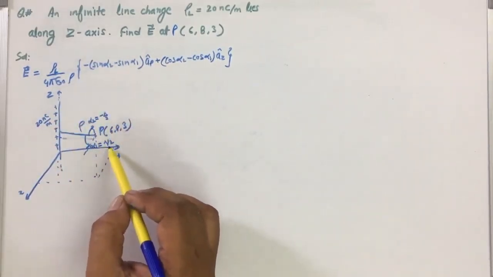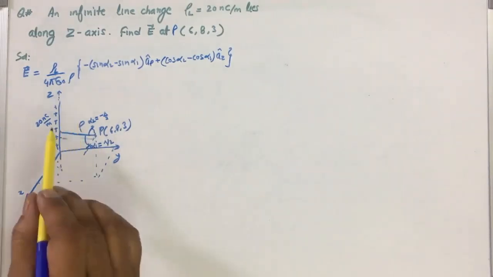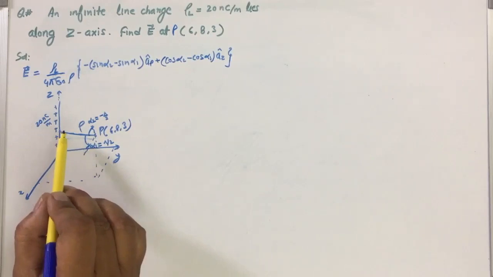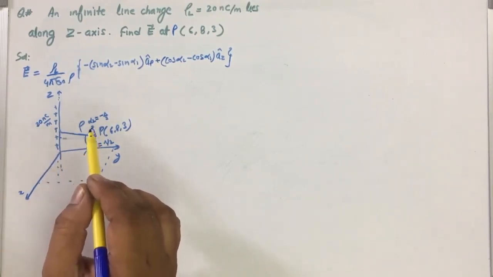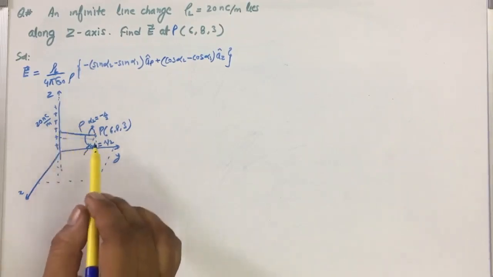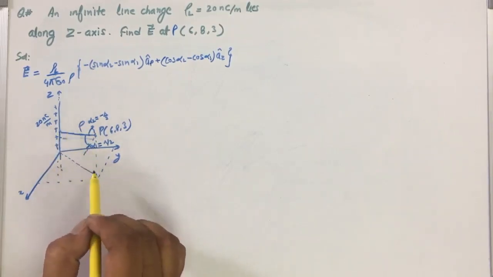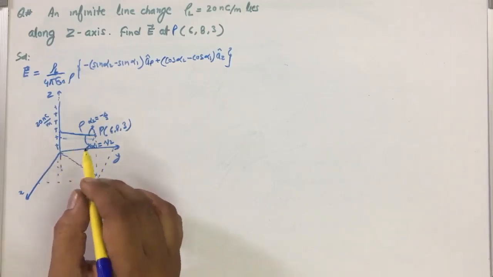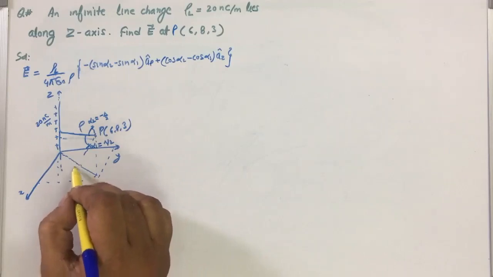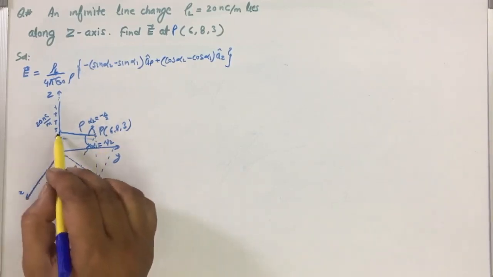Now let us find rho. Rho is this length in the xy plane. The coordinate of this point on the line is 0, 0, 3, since the z coordinate is 3.